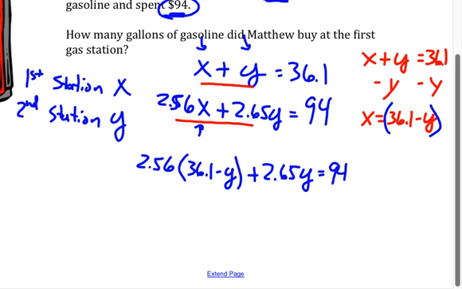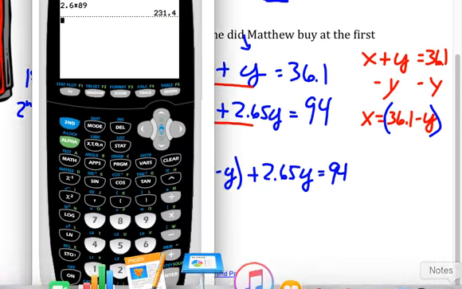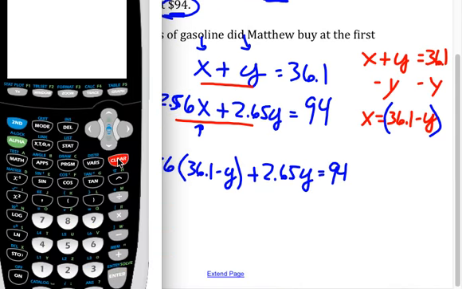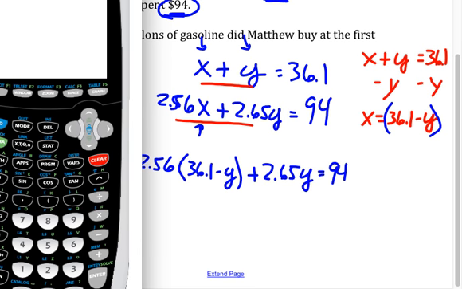So now I need my calculator here. We're going to do a little bit of work here. First of all, I need to multiply 2.56 times 36.1.